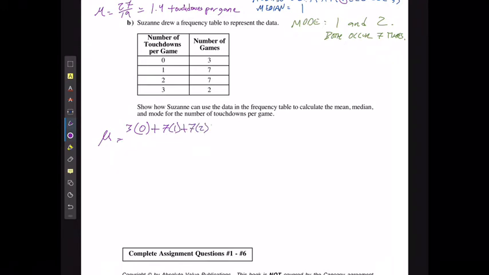And 3 happened 2 times, the number 3. All divided by, add up the frequency table, 3 plus 7 plus 7 plus 2, which means that mu is going to equal, on the top, 27, on the bottom 19, which is going to equal 1.4.